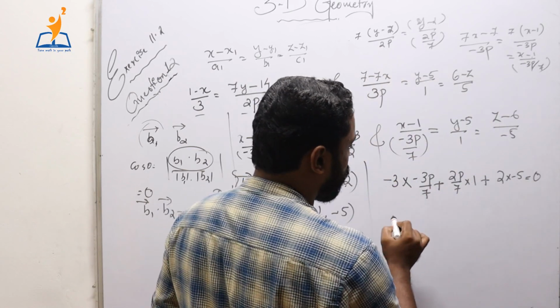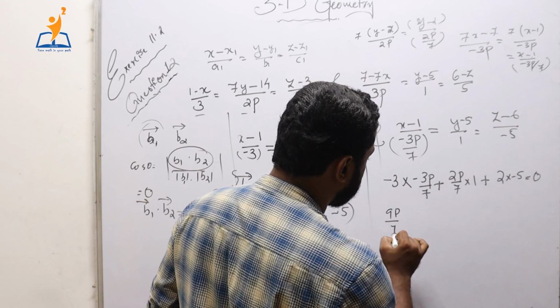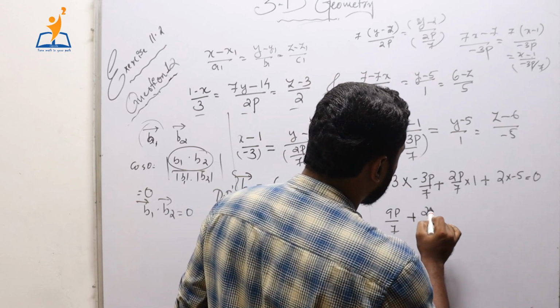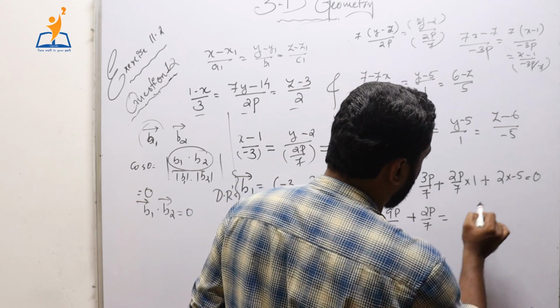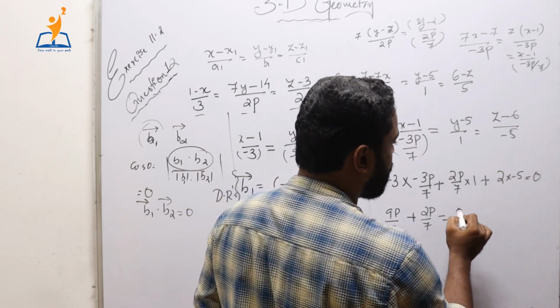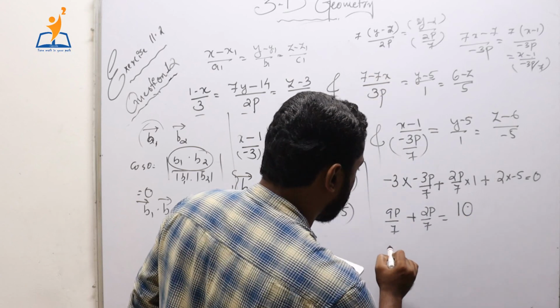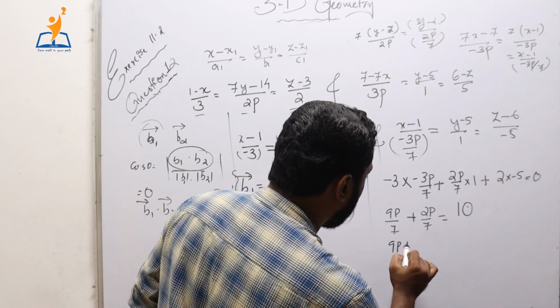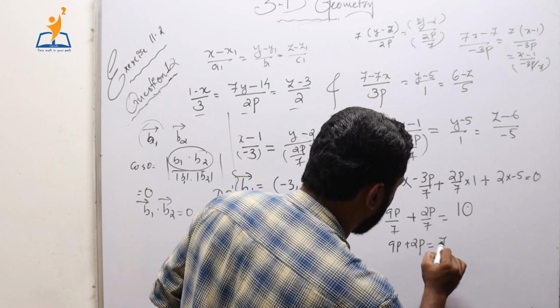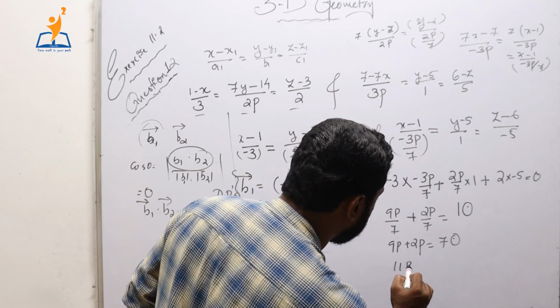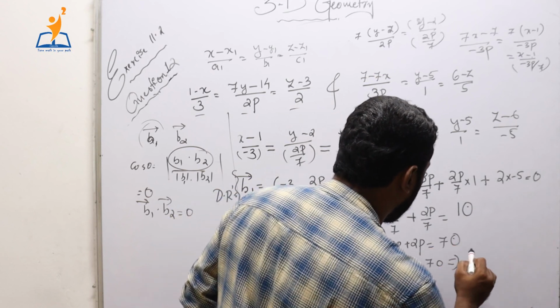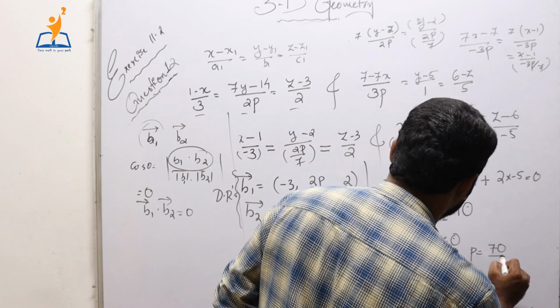So this is 9p by 7 plus 2p by 7 equals 2 into minus 5, which is minus 10. When it goes to the right side, it becomes 10. So 9p plus 2p equals 70. So 11p is equal to 70. Therefore p is equal to 70 by 11.